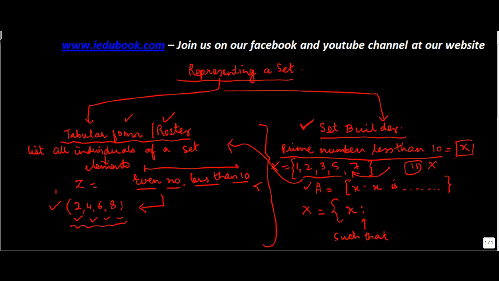So you say x is equal to x, which is an element of a set such that x is a prime number less than 10. So what you do is you put in a definition for the values which are here, and that you have to identify as to what are the values which are here. So the difference is here you list out individual elements, here you make a definition.